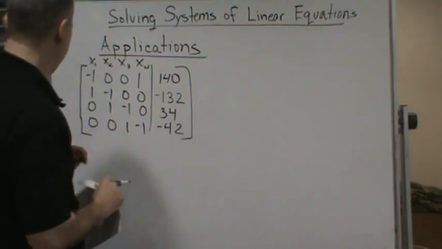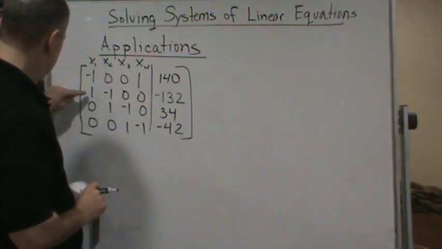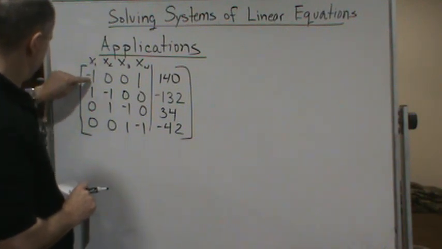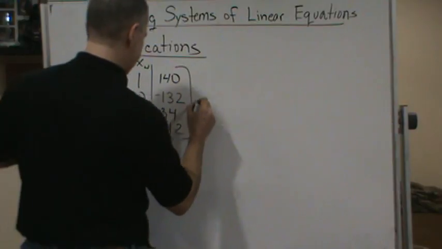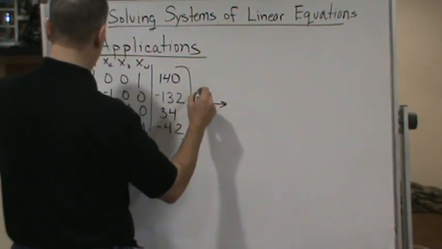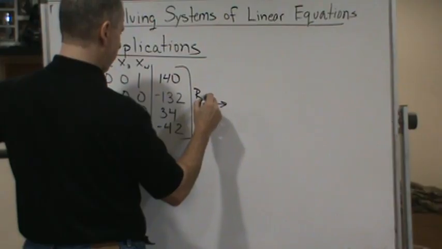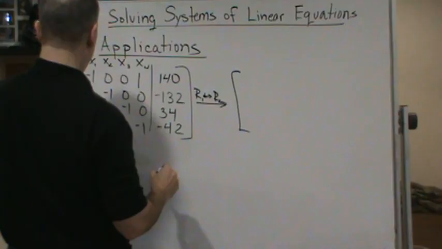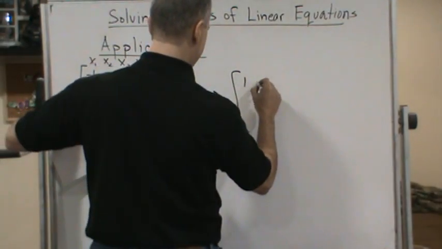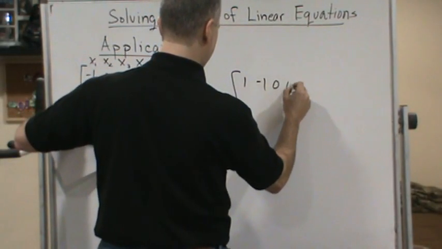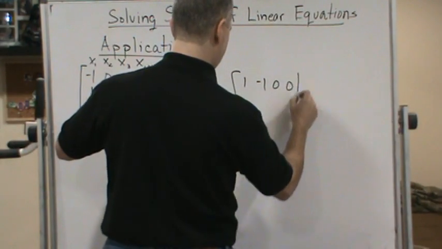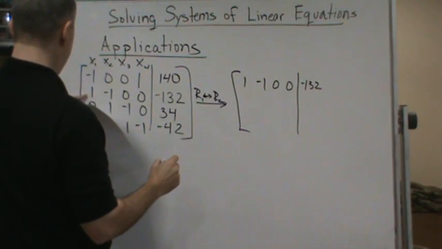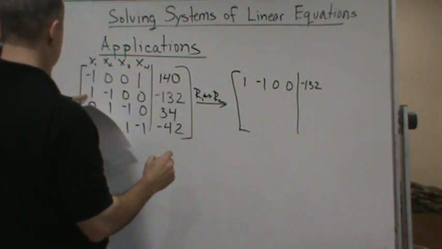Here's what we're going to do. Let's switch these two, right? Yeah, why don't we do this? Let's swap row 1 and row 2. You'll see what I'm doing. Okay? So now we're going to get 1, -1, 0, 0, -132, okay?